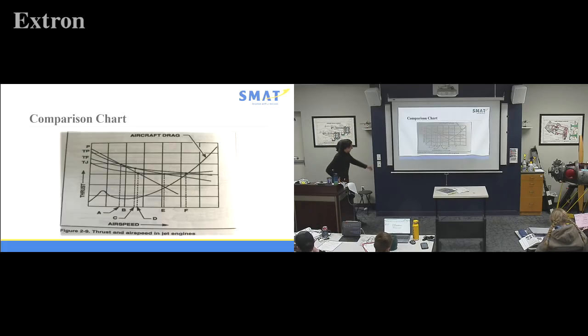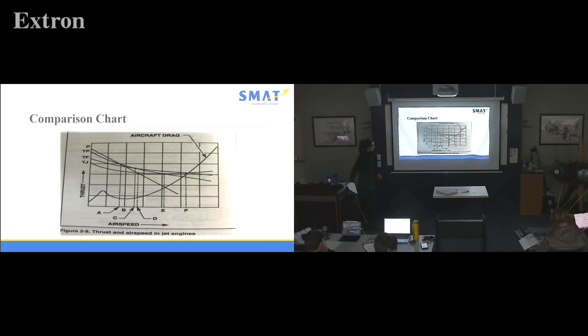So here is a little hard to see, just a comparison. Up here we have our piston engine. Here is increase in airspeed and thrust. So at startup, piston wins the day. It can kick out power. But then it pretty quickly drops off the faster we go, because it can't sustain that. Our turboprop comes in here, does pretty decent, but as we get faster and faster, can't sustain that.